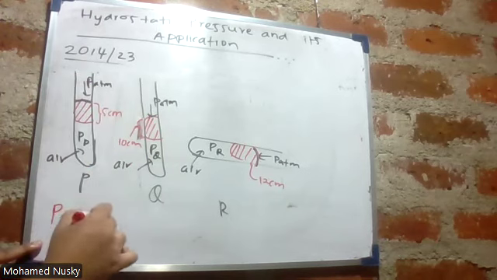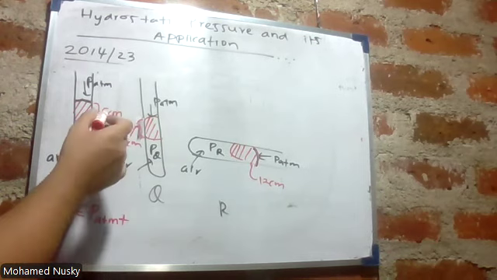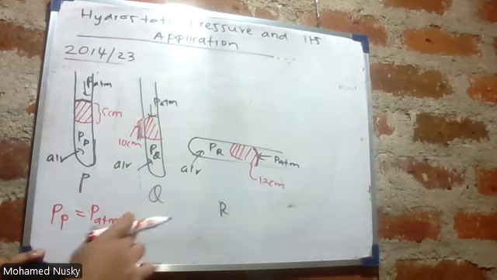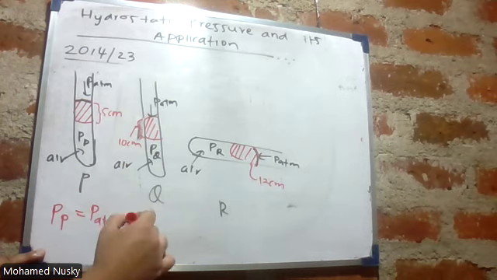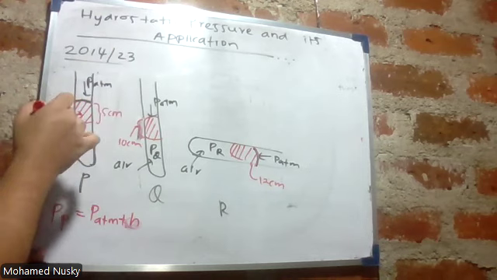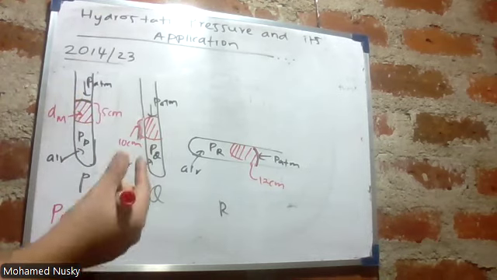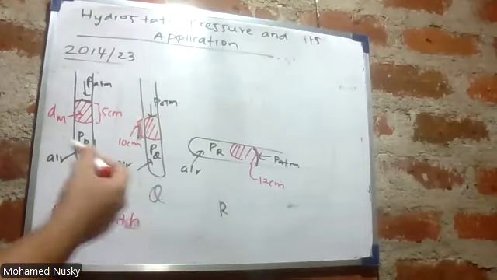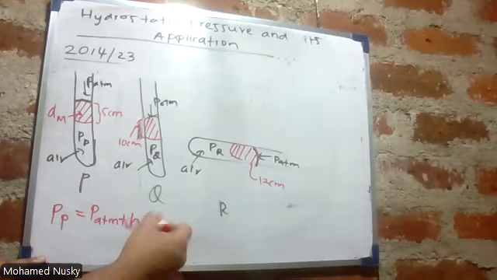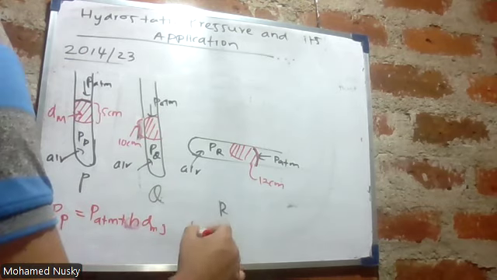Therefore, PP is equal to PATM plus, they have given, H rho G. Likewise, H into, now let me take the density of mercury as dm. Mercury starts with M, therefore let me take it as dm for simplicity. dmg. Okay.